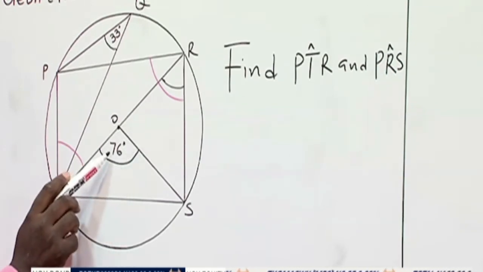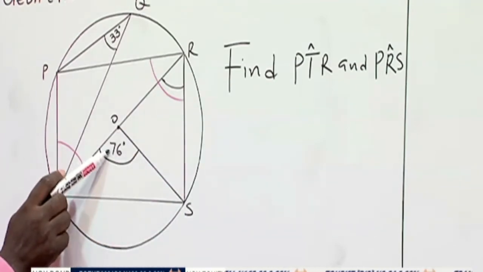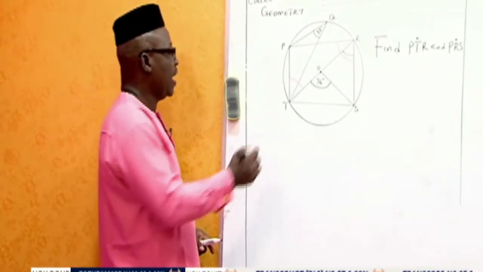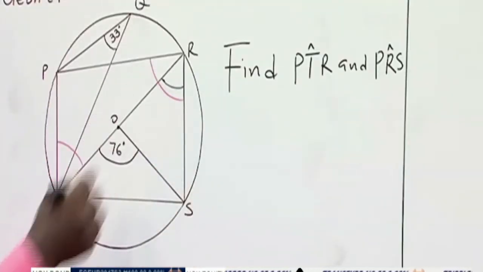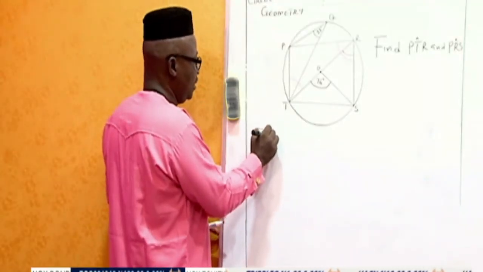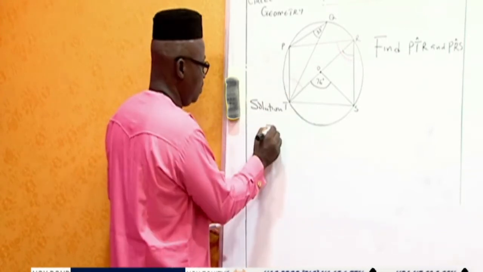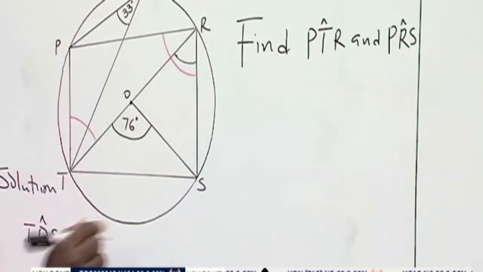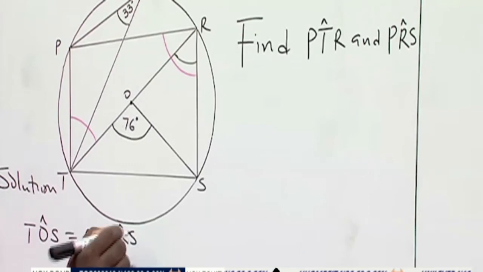The one at the center is 76. That implies that angle TRS is going to be half of the one at the center, because of the theorem that says that the angle which an arc of a circle subtends at the center is twice the one it subtends at any point on the circumference. So what we are saying in essence is that angle TOS is going to be 2 times angle TRS.